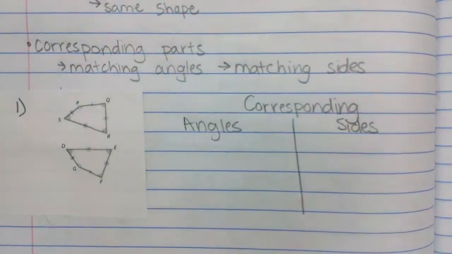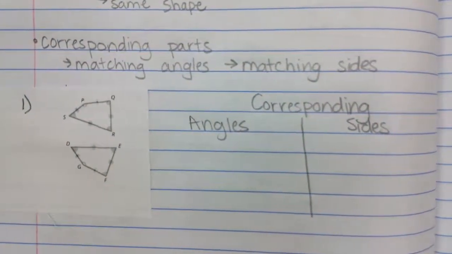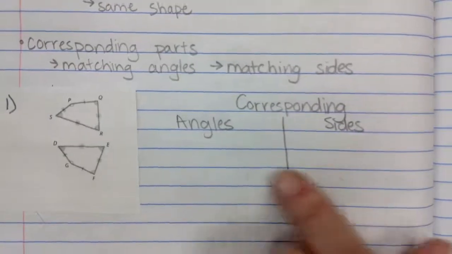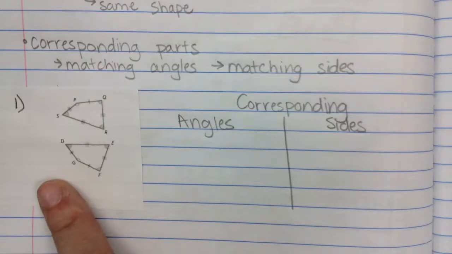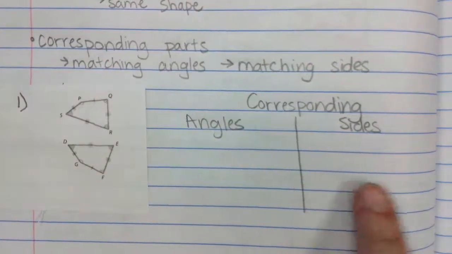And we're going to name the corresponding angles, and we're going to name the corresponding sides. So get that glued in, and then you can go ahead and label this after you get glued in. I glued it in on the left side, and then I'm writing my work on my right side.